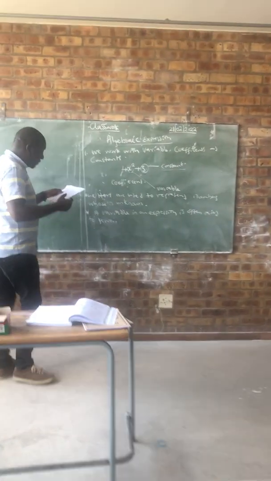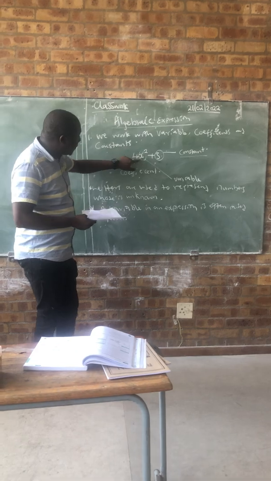And the other thing is that a coefficient is always found just before the variable. So all these numbers that we see just before the letter, we refer to them as the coefficients.